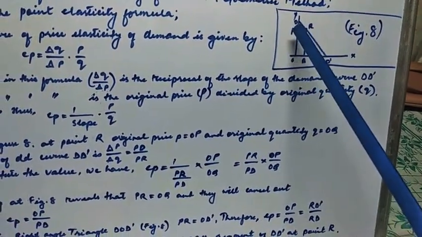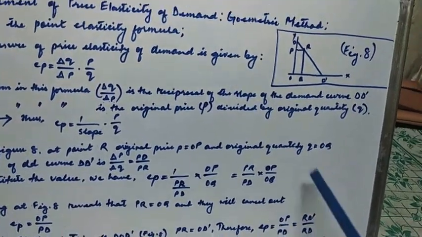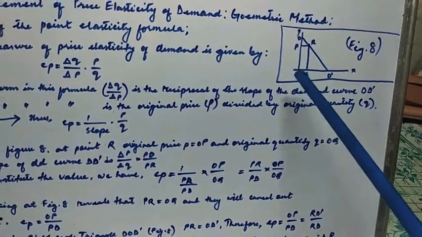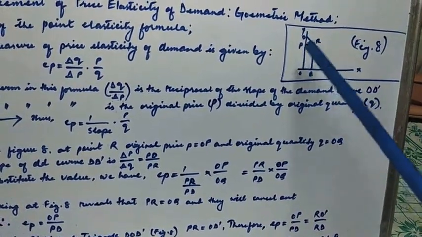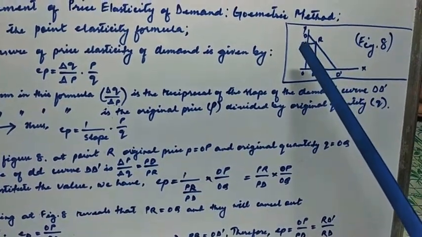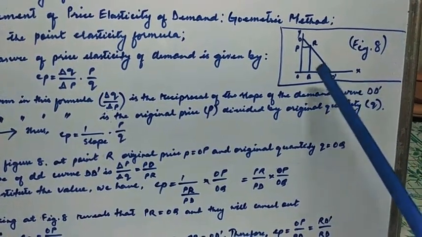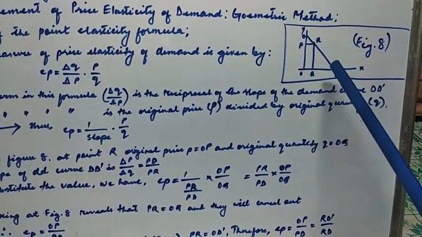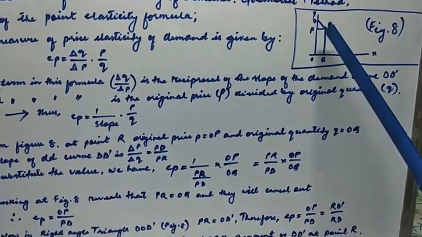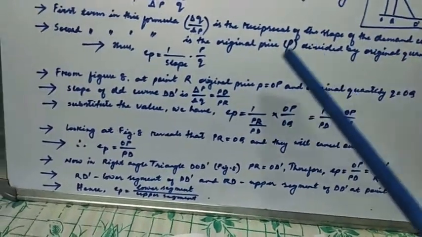So OP is equal to RD', and then PD equals RD. When DOD' is a right angle triangle and PR is parallel to OD', OP equals RD', and PD equals RD.